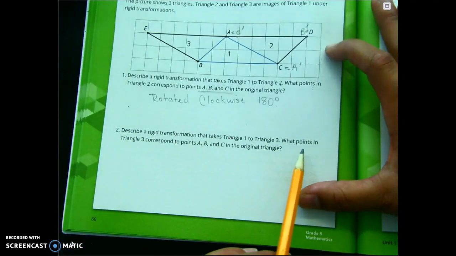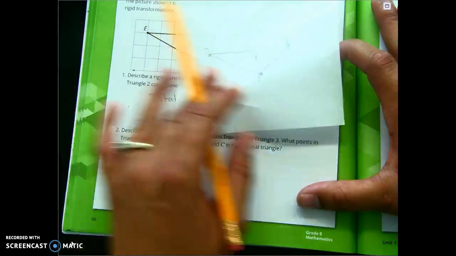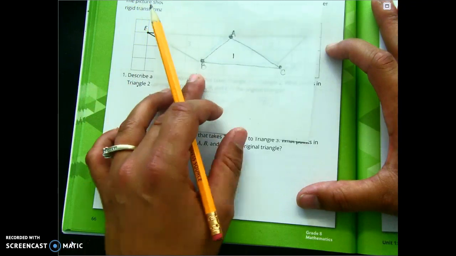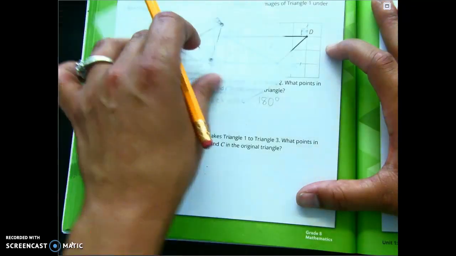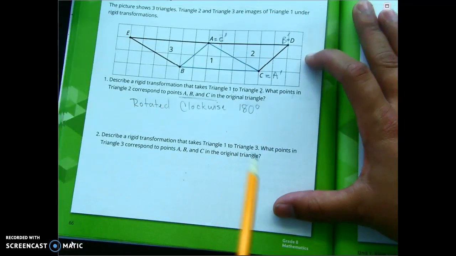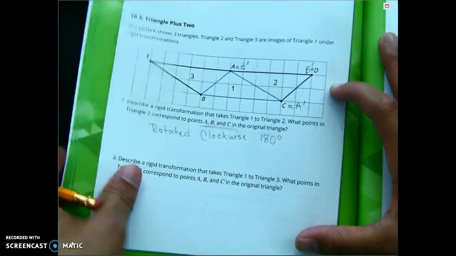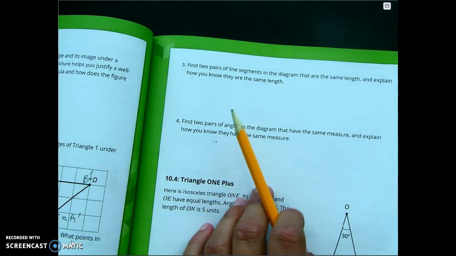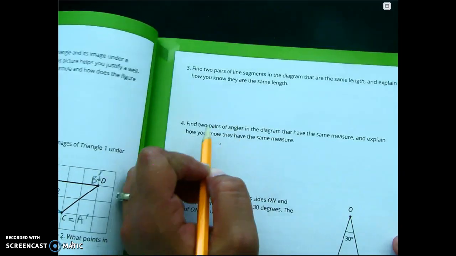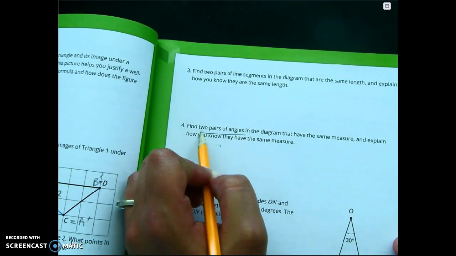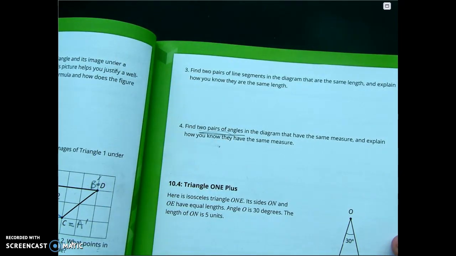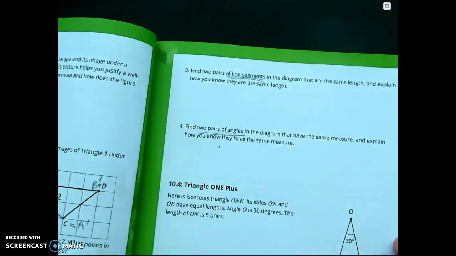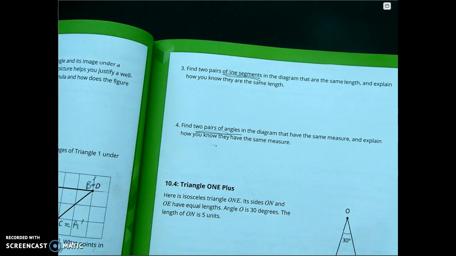For this one here, it asks you what happens from 1 to 3. Okay, how did you get there? You will write that here just as I did for number 1. For number 3 and 4, they're pretty similar. One is asking for the 2 pairs of angles that correspond, and this one's asking for 2 line segments that correspond.